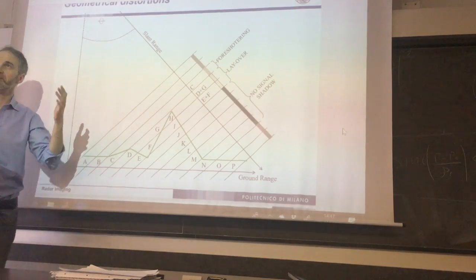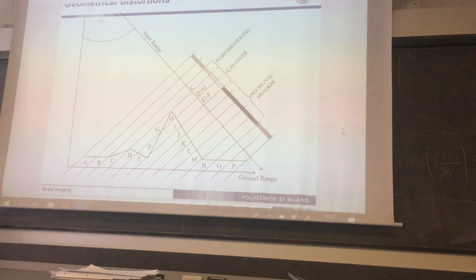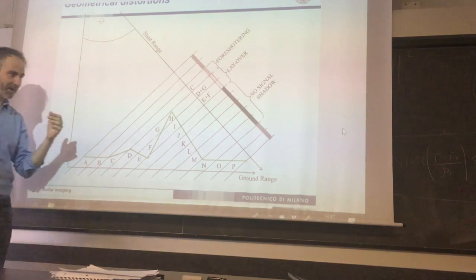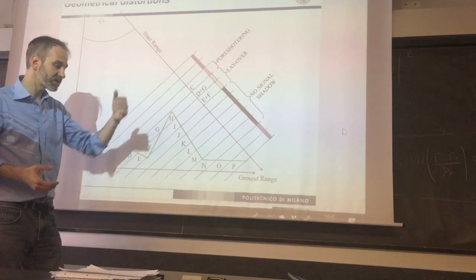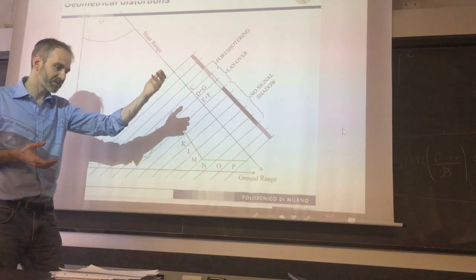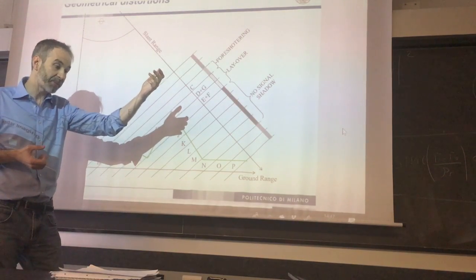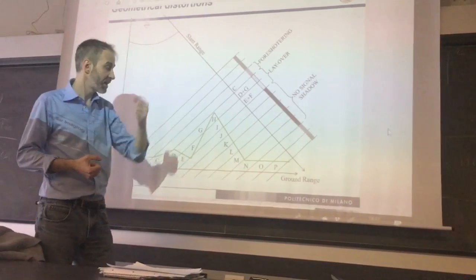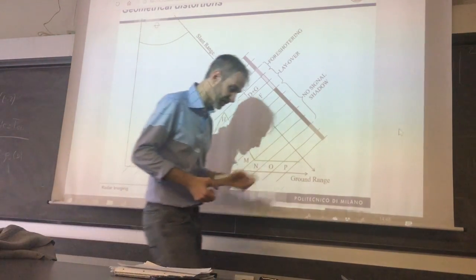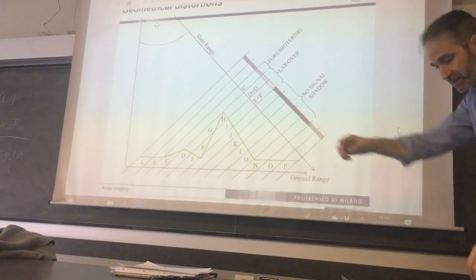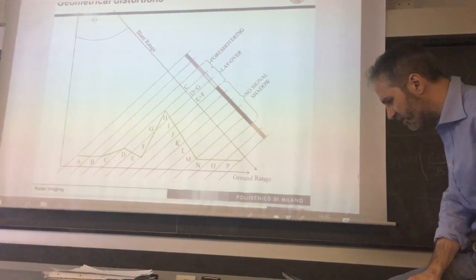So in radar jargon, this is called foreshortening, meaning that the whole side of the structure appears to be shorter, and it can also collapse onto a single point.